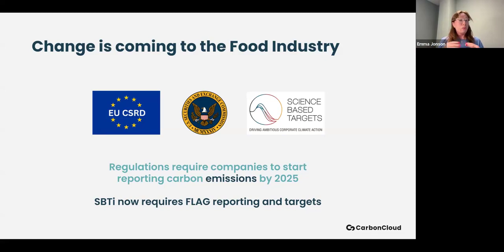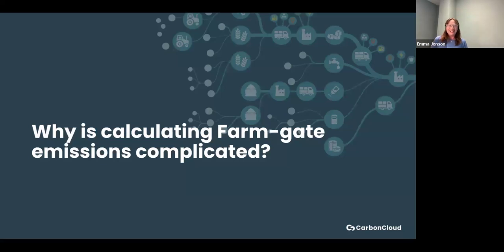And we agree that it is a bit complicated, but we also believe that we got you back if you choose to come with us. And we believe that there are tools that can be used to simplify this process. But why is calculating farm gate emissions complicated? Let's dive into it.